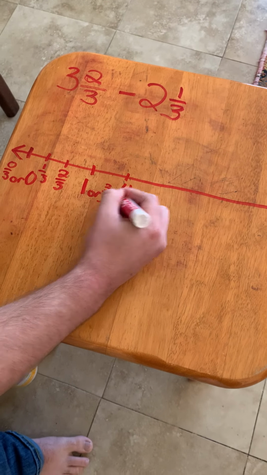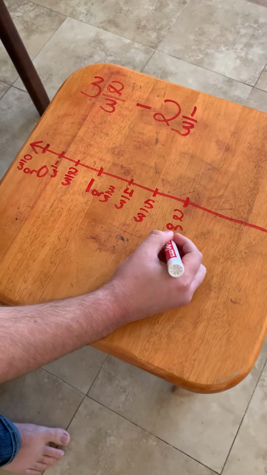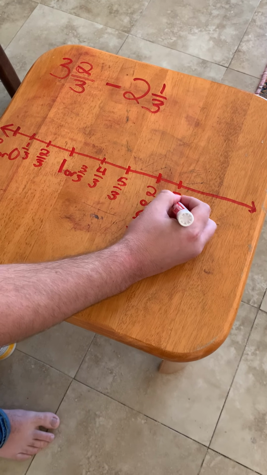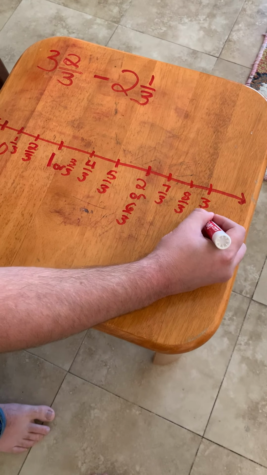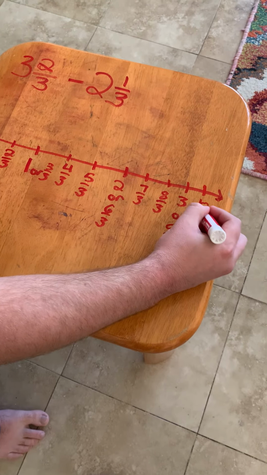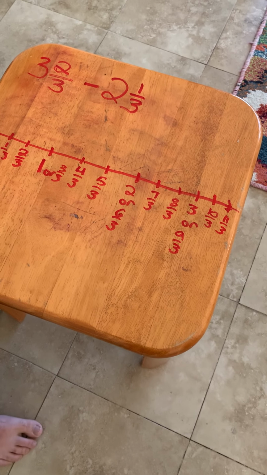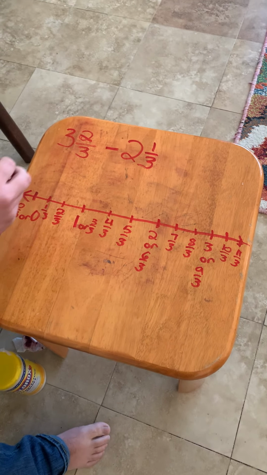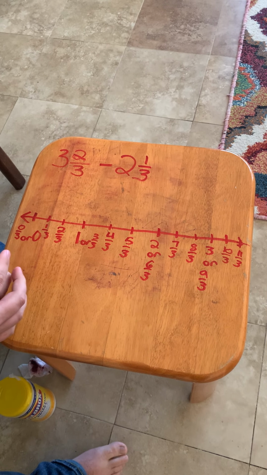After that, we have 4/3, 5/3, 2 or 6 over 3, 7/3, 8/3, 3 or 9 over 3, 10/3, 11/3. So the first thing I want to do, if I'm going to use this number line, is we need to figure out what 3 and 2/3 and 2 and 1/3 would be as improper fractions.